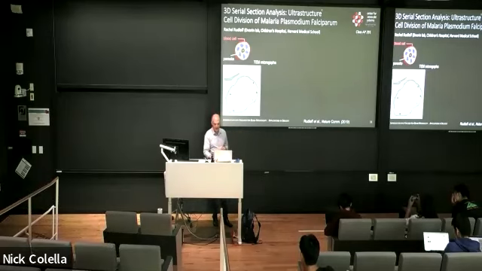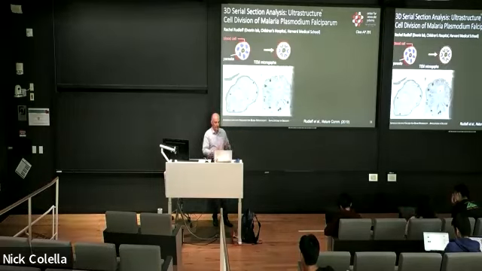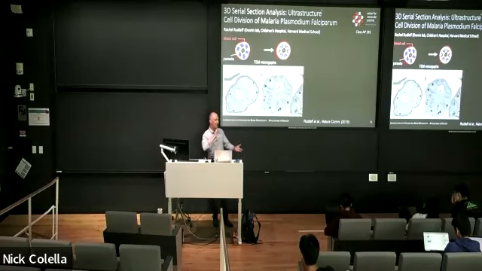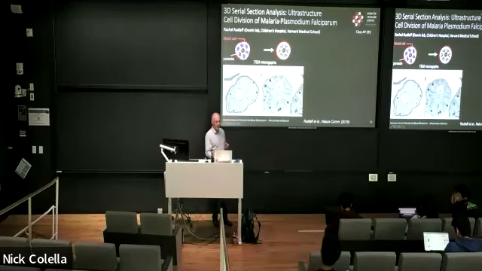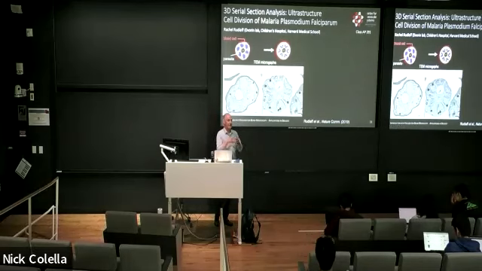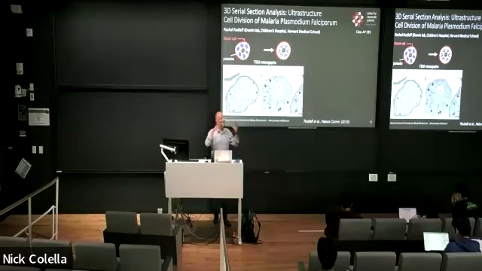In this particular case, the parasite goes through a very complex transformation as it forms daughter cells. It turns out that these malaria parasites do not segment in a classical binary way, where one cell generates two daughter cells and so on, but it simultaneously forms 30 daughter cells at one step.